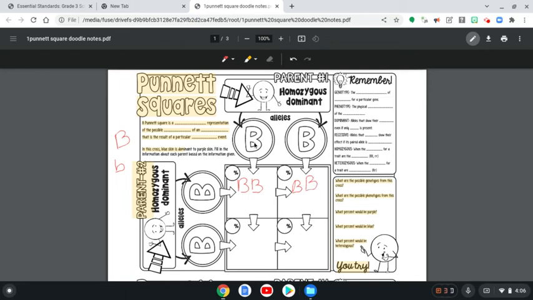Then this one and this one goes here. So you'd have dominant B, dominant B, dominant B.